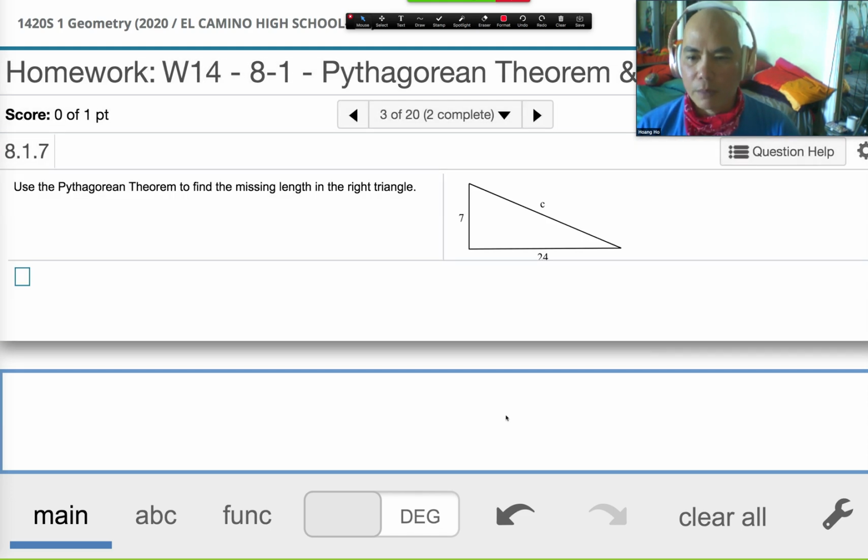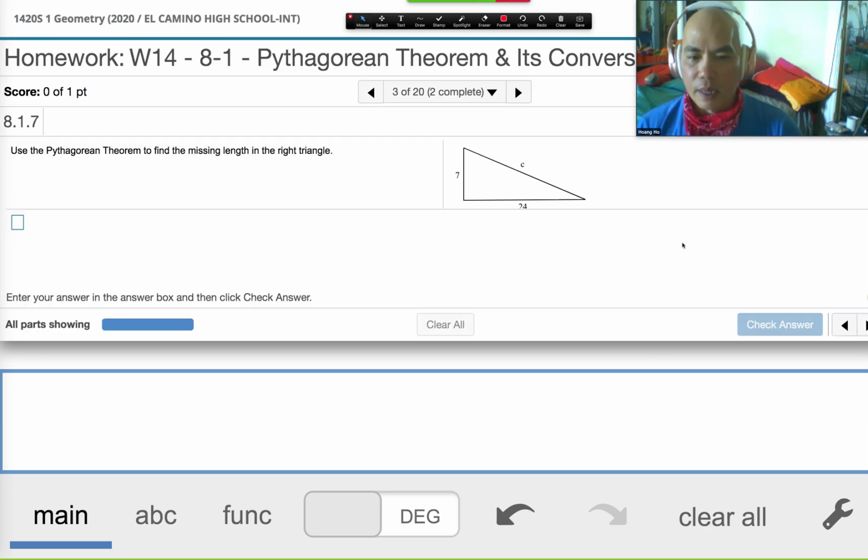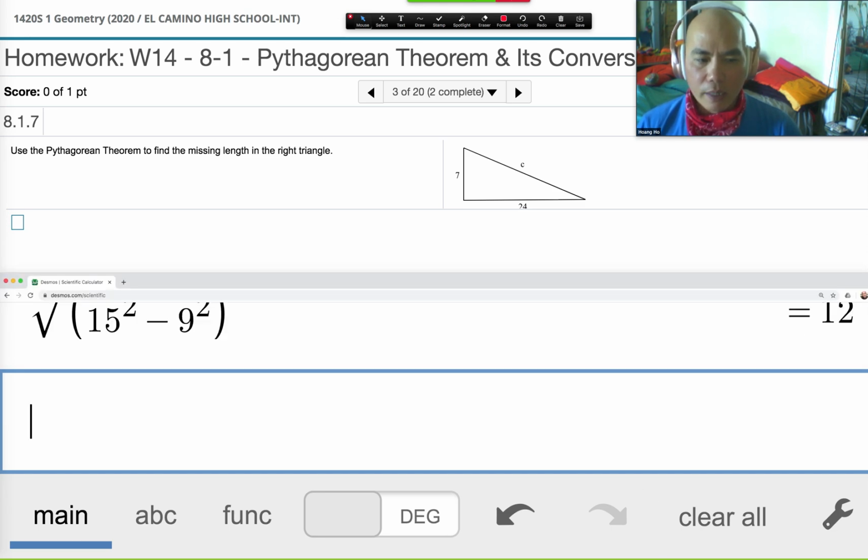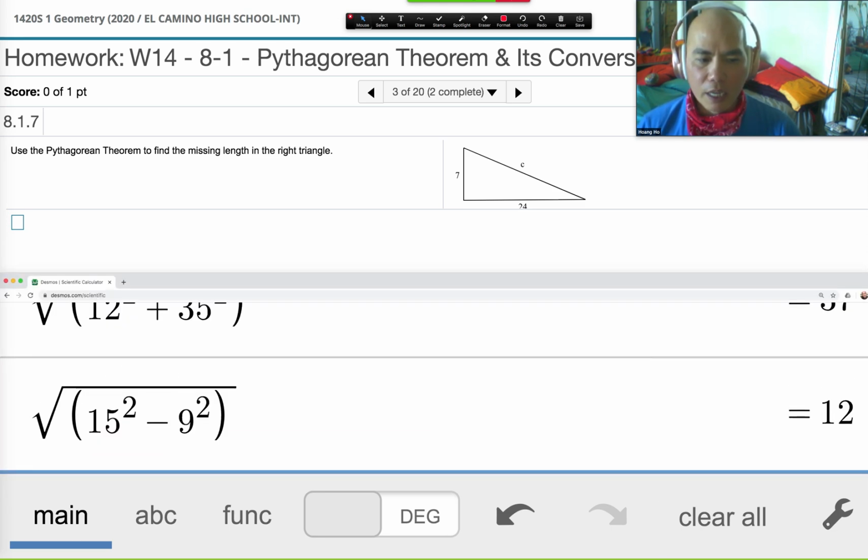Let's move on to question number 3. Very similar. Now you're looking for C, which is the hypotenuse. The two legs are 7 and 24. All I need to do is go back to my decimal calculator.